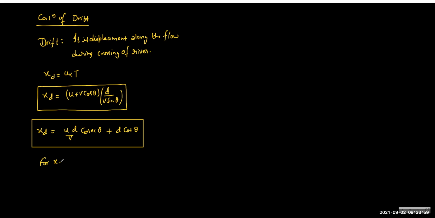So for xd minimum, we must choose some better line of heading. So theta is a variable, and we can write dxd by d theta equals 0. So can you differentiate and tell me what you are getting as theta? Can you do the differentiation? Yes or no? Yes, sir. Okay, so do it.